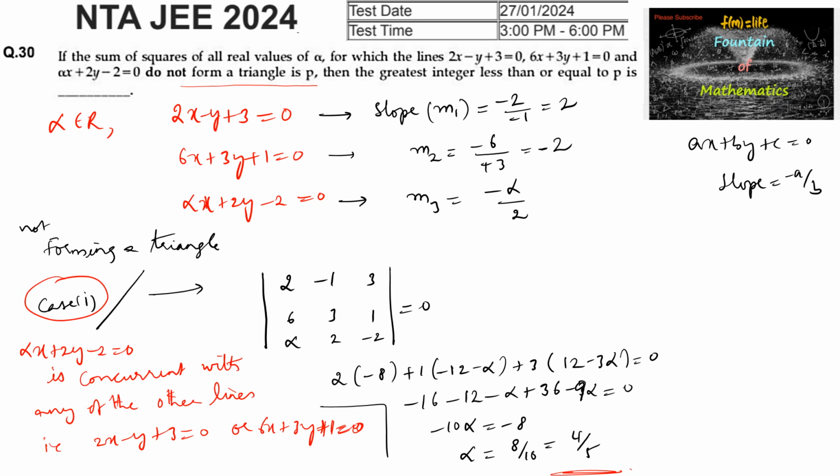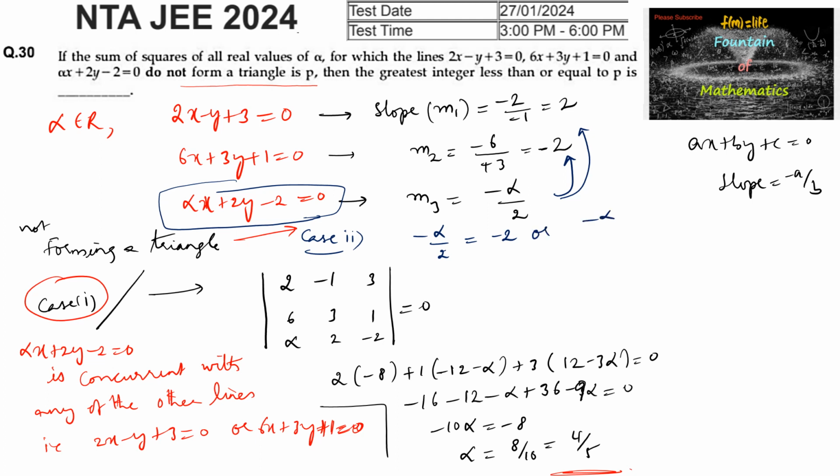And coming to the second case, case 2: the slope of this line alpha x plus 2y minus 2 is equal to 0 must be equal to either of the other slopes, meaning minus alpha upon 2 is equal to minus 2, or minus alpha upon 2 is equal to plus 2.